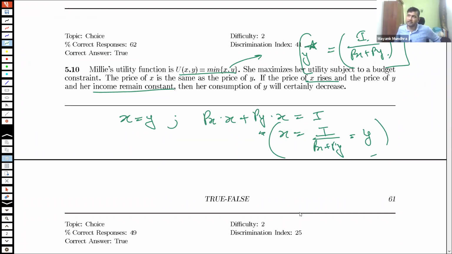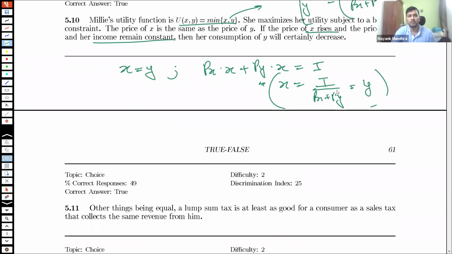You see, every time there's a scare of bird flu, the demand for bread reduces, because these are complements. You eat them together. So it's something similar which is happening, that x is becoming costlier, which is reducing the demand for y as well. So that's true. Okay, what next?